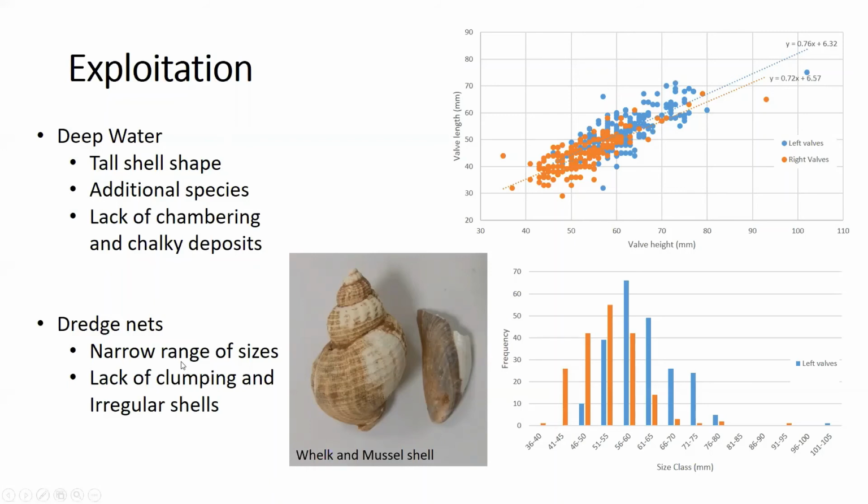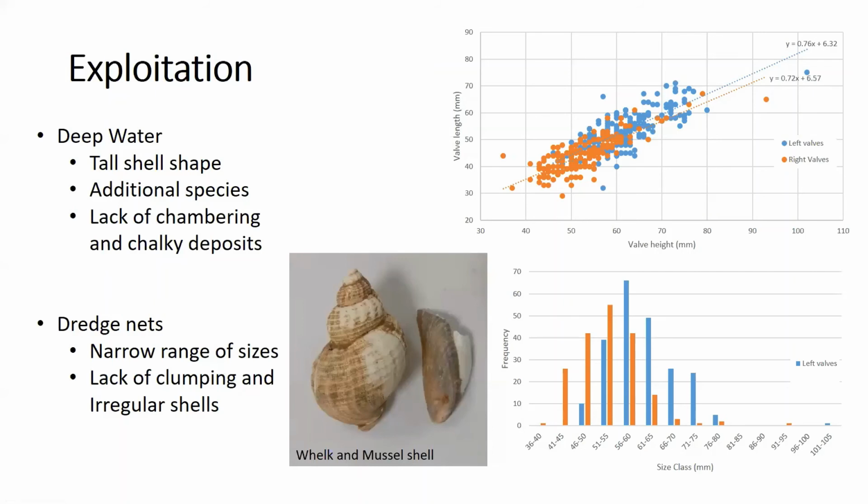There's also a lack of clumped up shells and irregular shells, which suggests that they were being dredged regularly, and the net passing through the shell beds had the effect of spreading out the shells, giving them space to grow, so they're not confined in these really overcrowded beds, which reduces the need of the shells to grow on top of each other and to adopt these weird shapes.